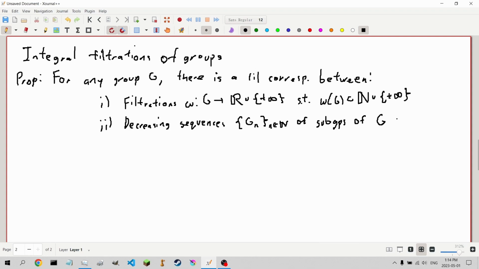And these are going to be subgroups such that, first off, G of 1 is just going to be the entire group.